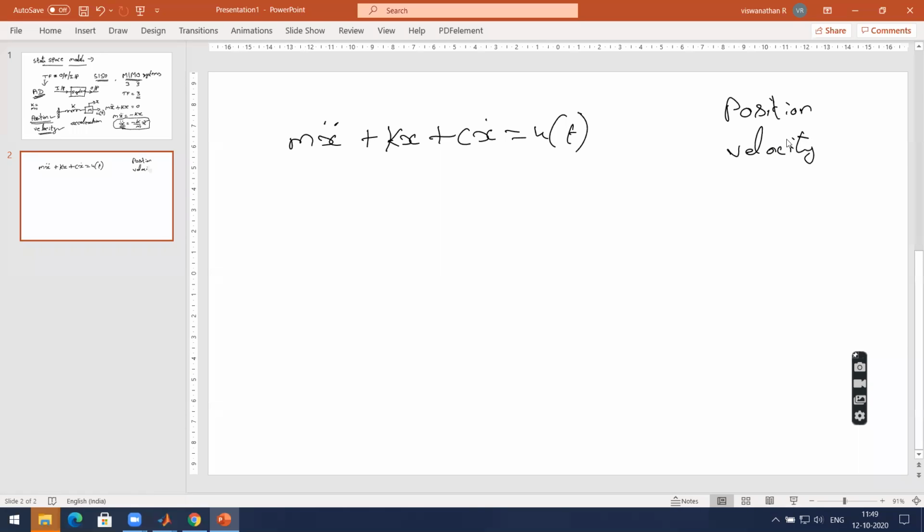Even if I use this damper, do I still need to know anything else other than this?